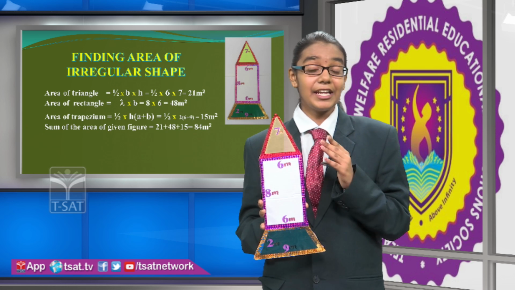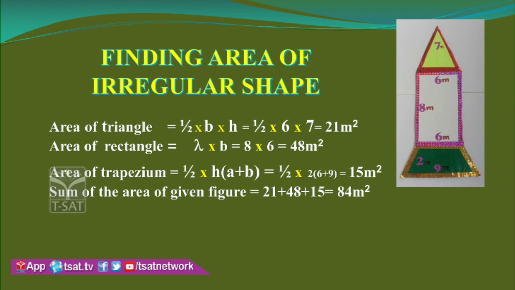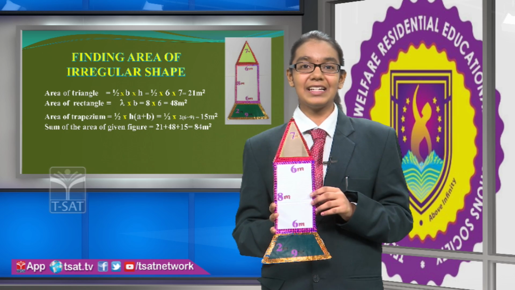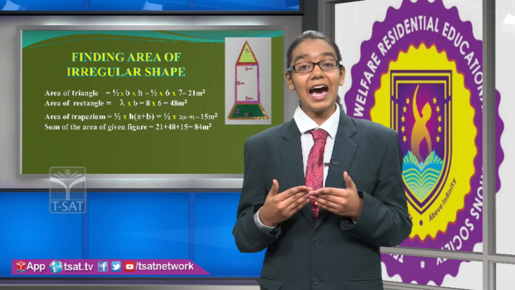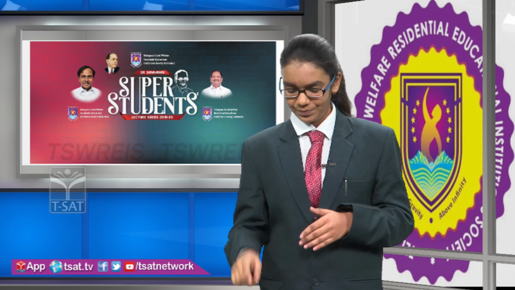That means area of the triangle plus area of rectangle plus area of trapezium: 21 plus 48 plus 15. And the sum of all these areas will be 84. So, the total area of this irregular shape is 84 square meters. In the same way, now let's calculate the area of the other irregular shape to understand the concept with clarity.